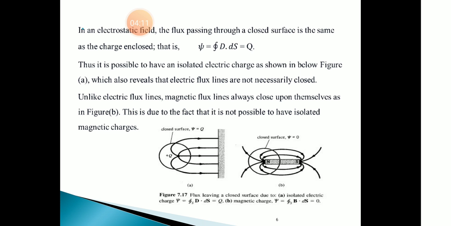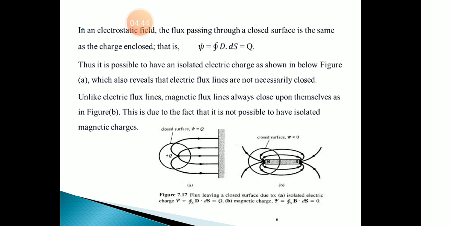Thus, it is possible to have an isolated electric charge, but in magnetostatics, an isolated magnetic charge is not possible. You see in figure A, which also reveals that electric flux lines are not necessarily closed. Therefore, we can say that it is possible to have isolated electric charges.